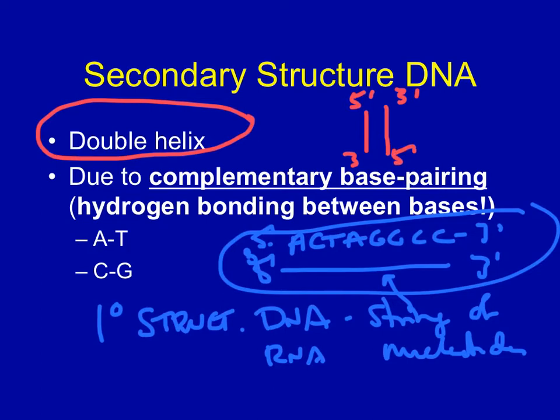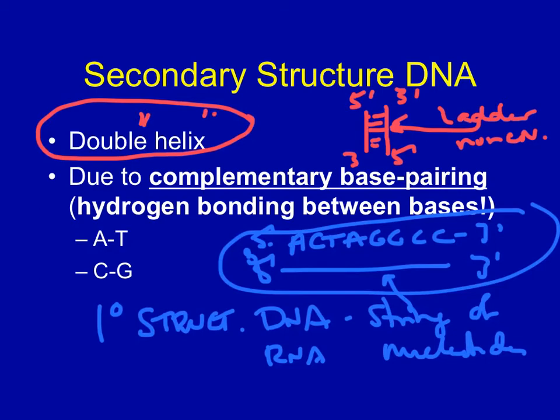DNA does not like to be single-stranded, it's double-stranded. It's funny because a lot of people draw it like a ladder. And those rungs on the ladder are non-covalent bonding. And what actually happens is the ladder twists. And that creates the helix.